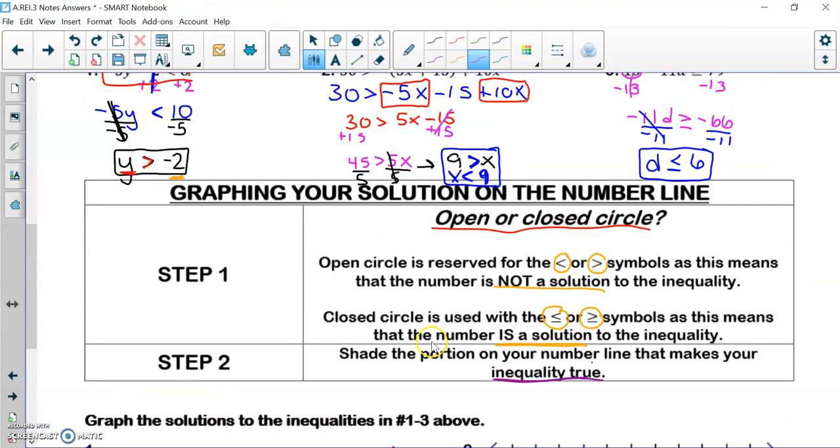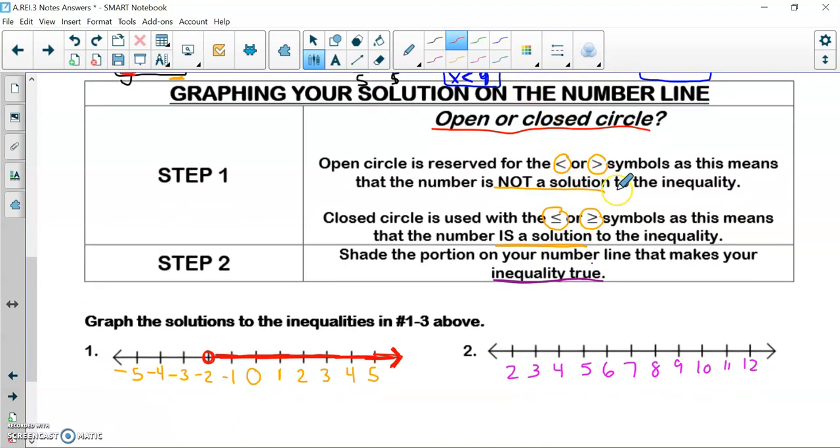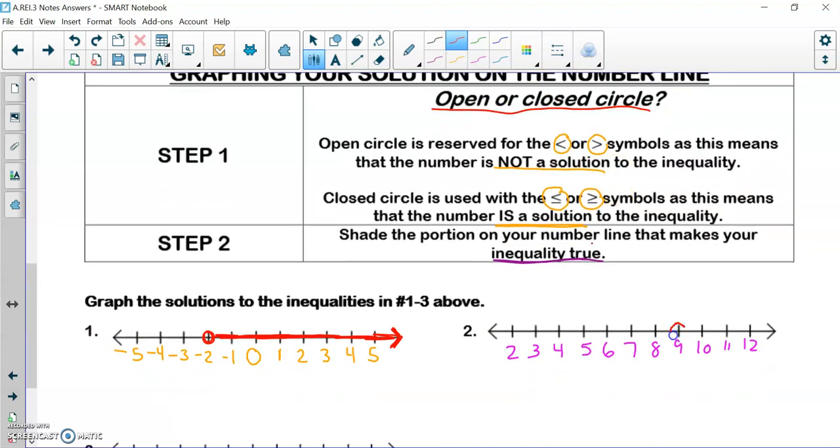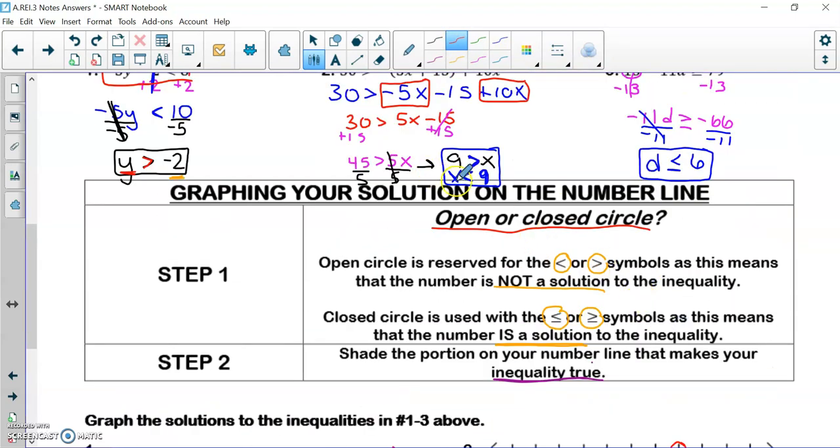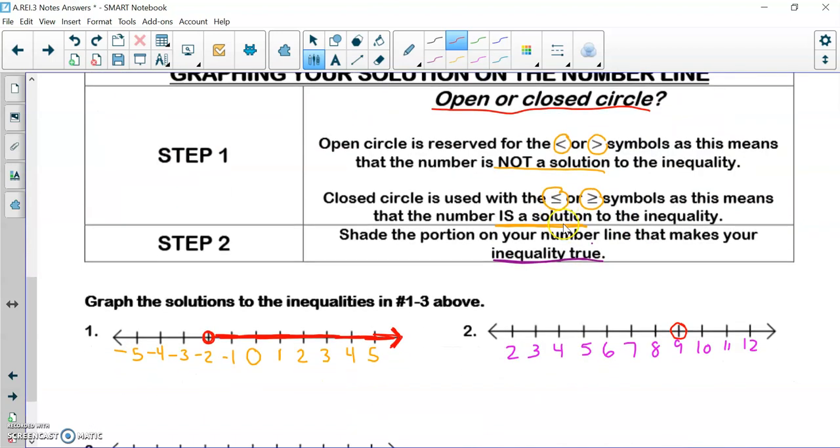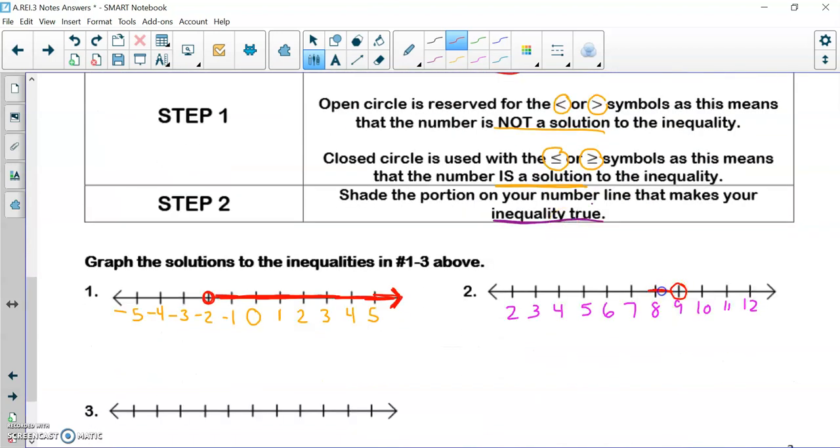Now I want an open dot on 9 since I have a less than symbol. There's no equal to sign involved. And my answer is x is less than 9. So all the numbers that are less than 9, which is to the left, should be shaded in on this number line.